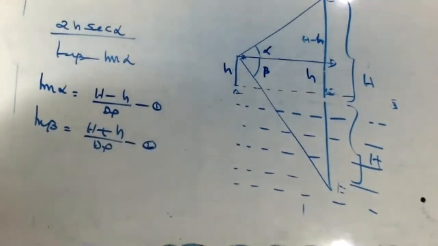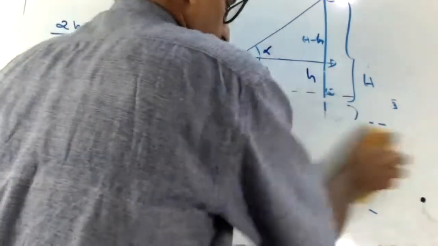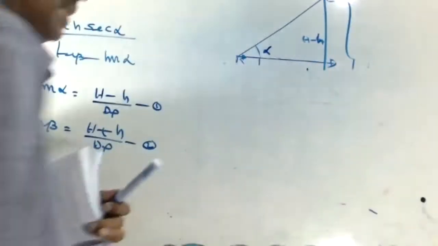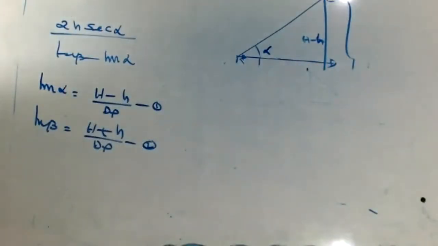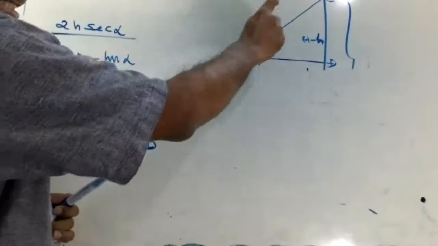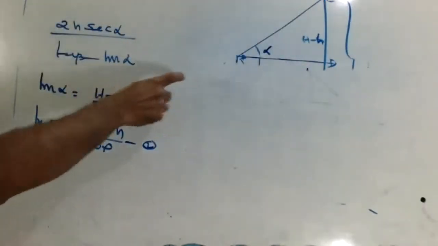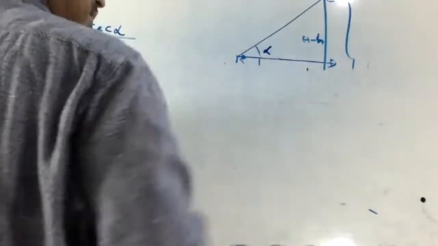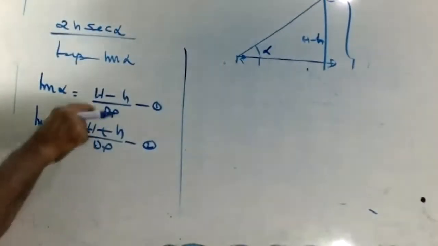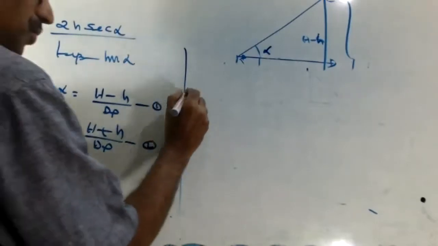Now we don't need the figure. We need PC. Also, sec means this divided by this, so sec alpha is PC divided by DP. So don't remove tan beta and tan alpha. Take 2 minus 1.